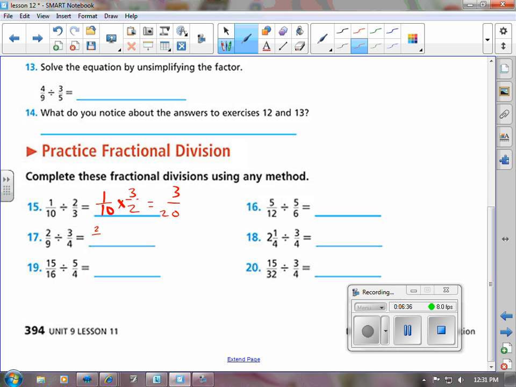Okay, welcome back. Hopefully what you did was this kind of thing, flip them and multiply. 15/16 times 4/5. Flip and multiply.